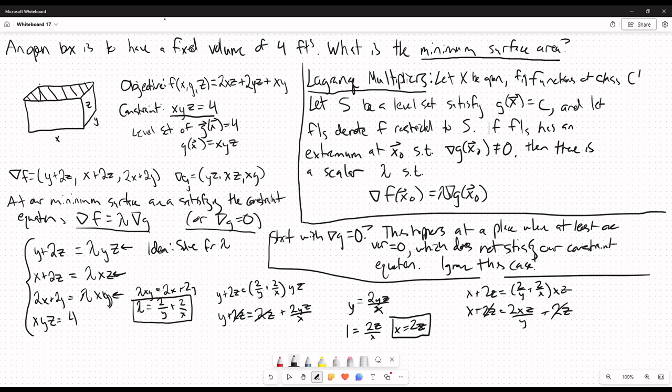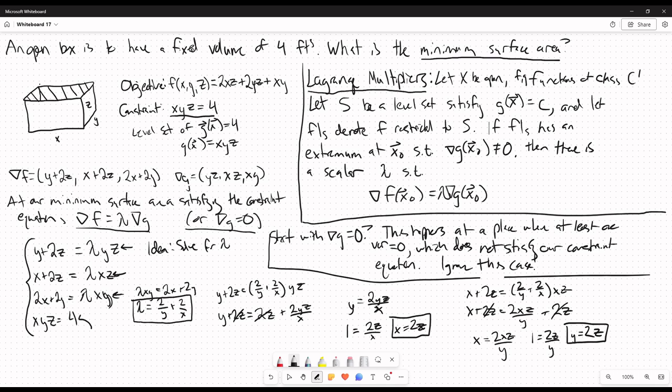Once again, the 2z's are going to cancel. We'll get x equals 2xz over y. And by the same shenanigans we saw earlier, we're going to get 1 equals 2z over y, or that y equals 2z. So we have x equals 2z, y equals 2z.